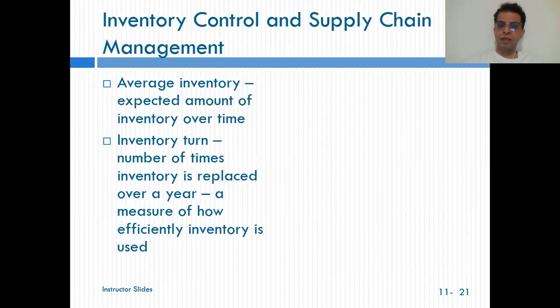Inventory control and supply management. Average inventory is the expected amount of inventory over time, so you take an average of it. Inventory turn is the number of times inventory is used, for example how many times 10 pieces are turned over in a day or a year, a measure of how efficiently inventory is used.